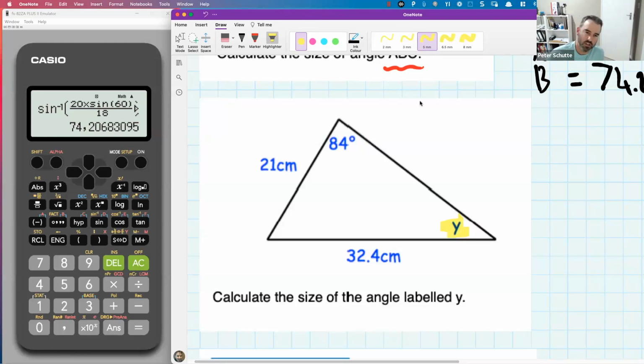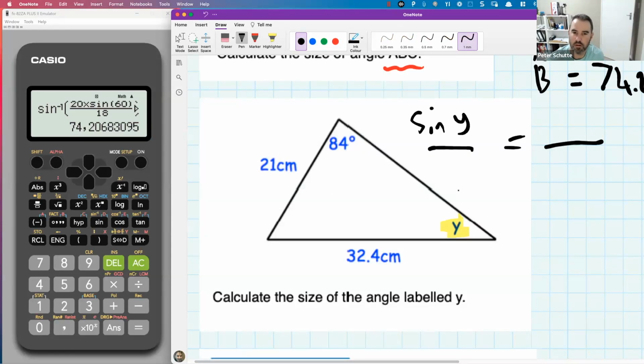Ask yourself, what do you need to write down first? That's the key thing. What structure should you have? And whenever you use the sine rule, you kind of have this thing going on. And then ask yourself, what's the next step after that?